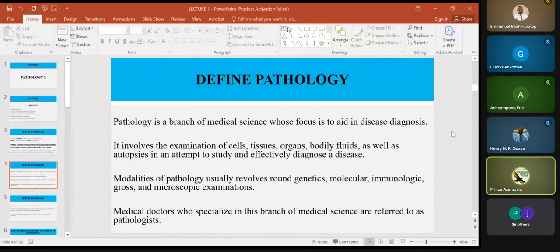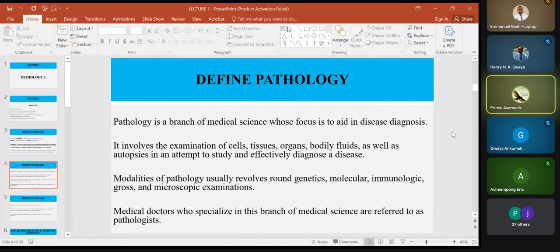We can even go on to do autopsy. You've been hearing that when this person died, the pathologist is here to do the autopsy. Sometimes you can even use a cadaver, or through autopsies, you can effectively understand disease and then diagnose them.